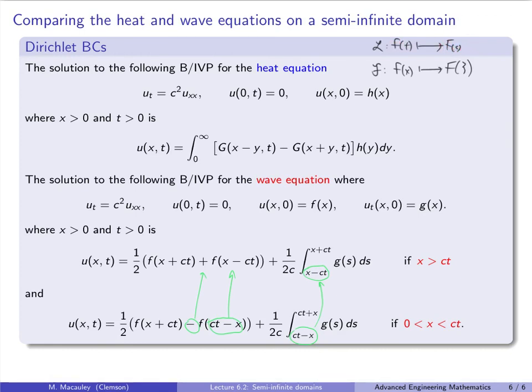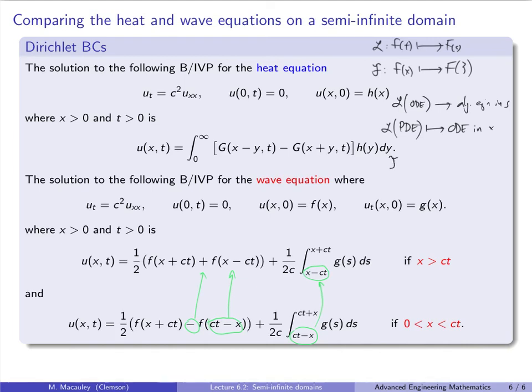For ODEs, we could solve differential equations by turning derivatives into multiplication, thereby turning ODEs into algebraic equations. A Laplace transform, which you saw in your ODEs class, takes an ODE into an algebraic equation in s. So if we take a Laplace transform of a PDE in space and time, x and t, then the t goes away and we just get an ODE in x.